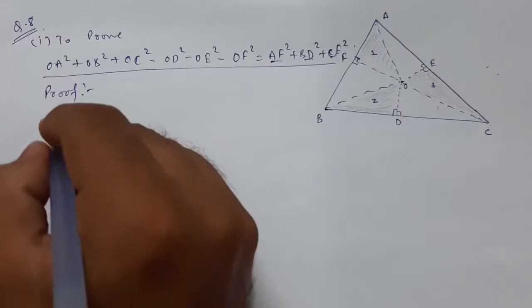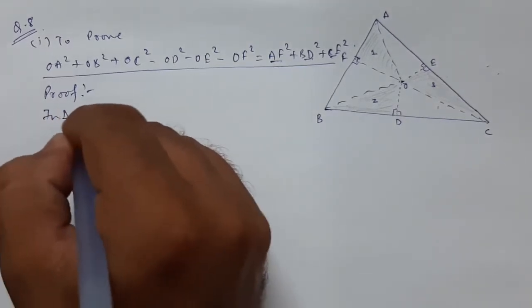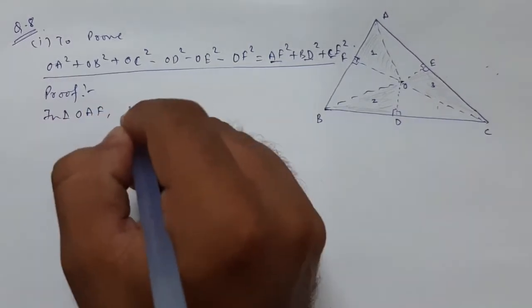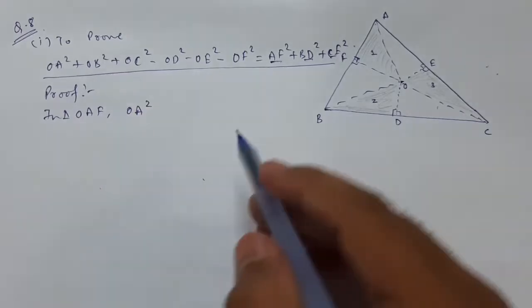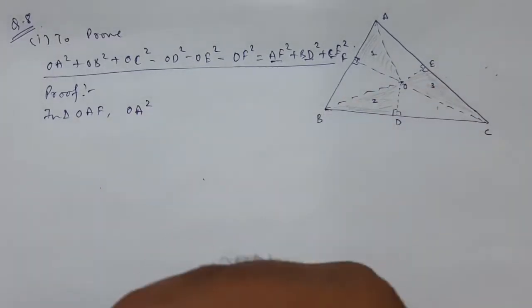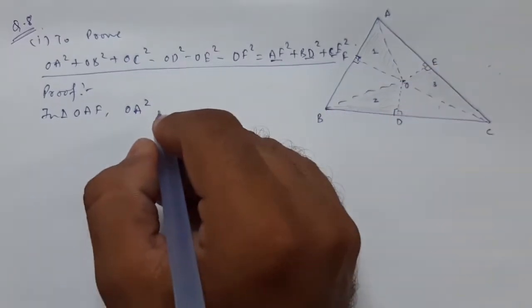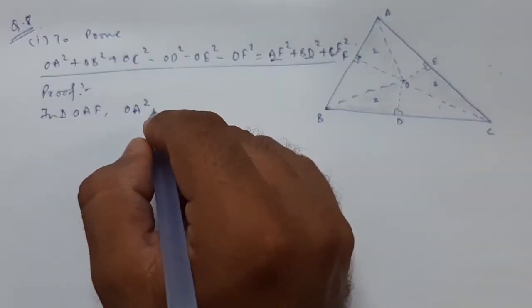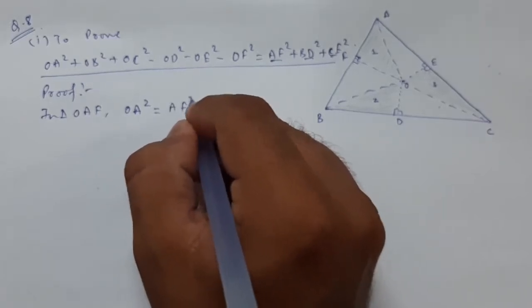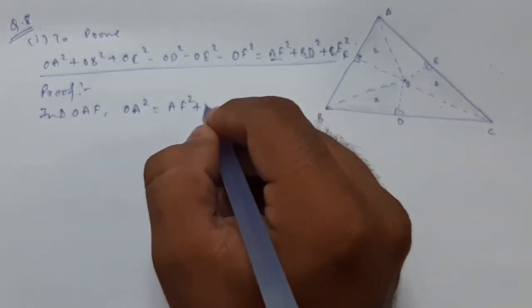F is 90 degrees, and it is already given to you, so in triangle OAF, OA square is equal to AF square plus OF square.